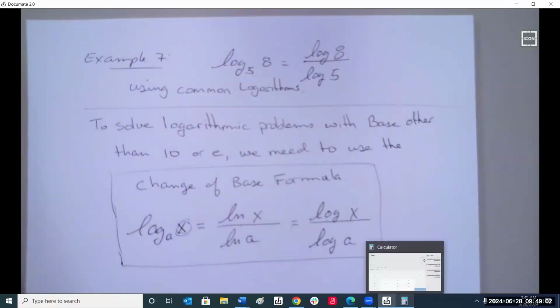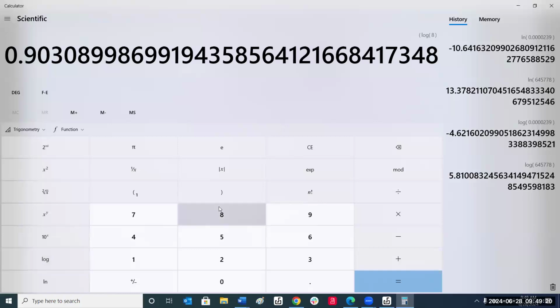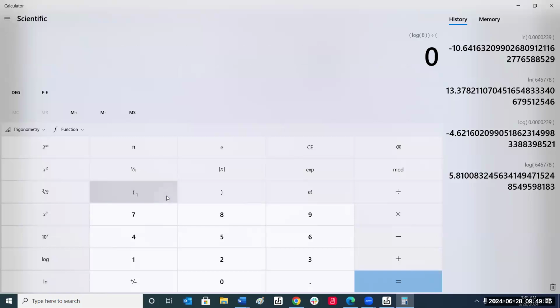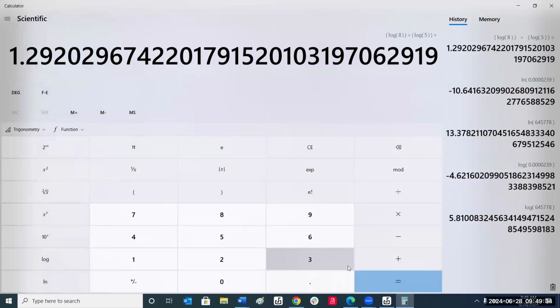So the way we do it in our calculator, put a parenthesis. First one is log of 8, close parenthesis, divided by open parenthesis log of 5. And that's the answer.